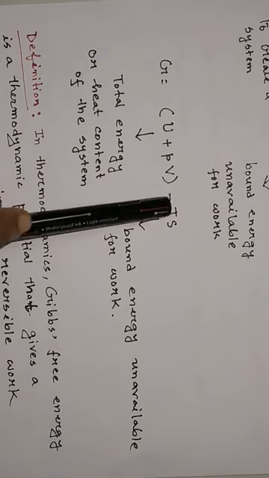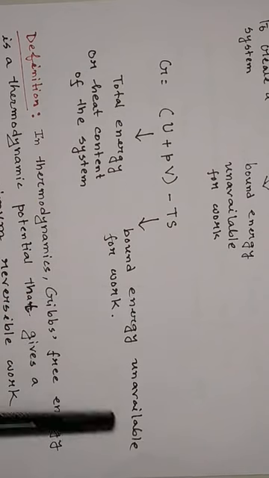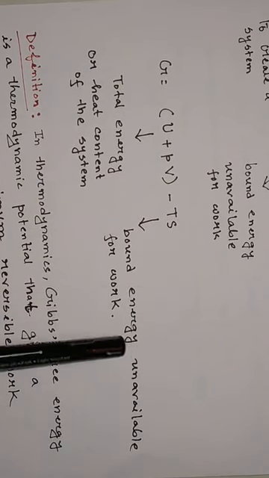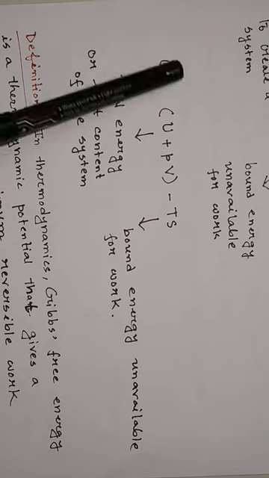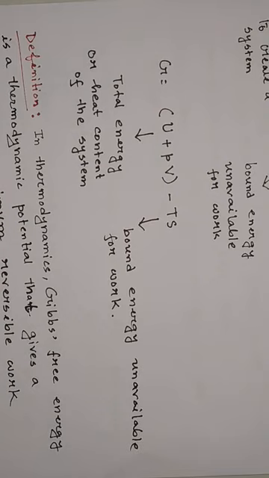Then we subtract the bound energy which is unavailable for work from this total heat content. The rest of the energy gives us the free energy which is available for work for a system at constant pressure and constant temperature, because we define G for the isothermal and isobaric process, that is, the system has to be at constant pressure and constant temperature.